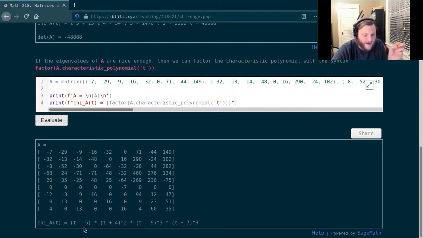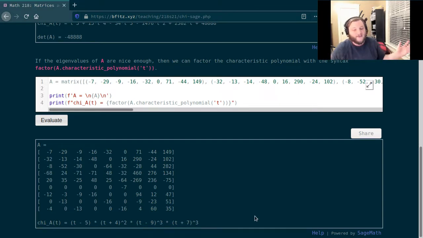This was a 9 by 9. For this 9 by 9, the eigenvalues are 5, -4, 9, and -7. The algebraic multiplicity of 5 is 1, of -4 is 2, of 9 is 3, and of -7 is 3.